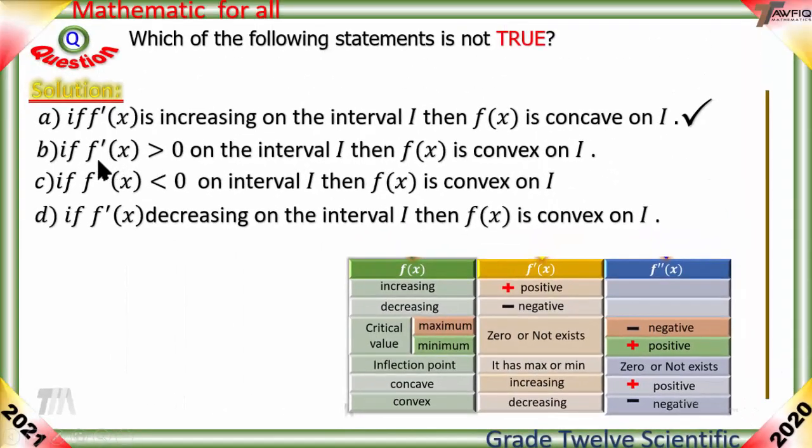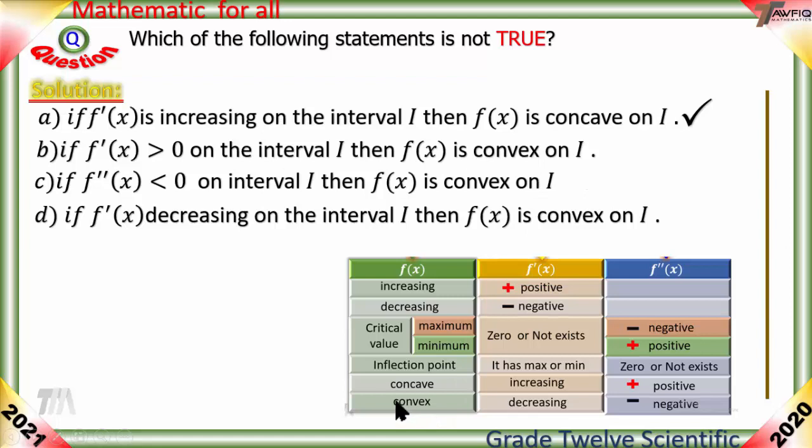And the second one: f prime of x is bigger than 0 on the interval I, then f of x is convex on I. We say if the first derivative is positive, the interval is convex.